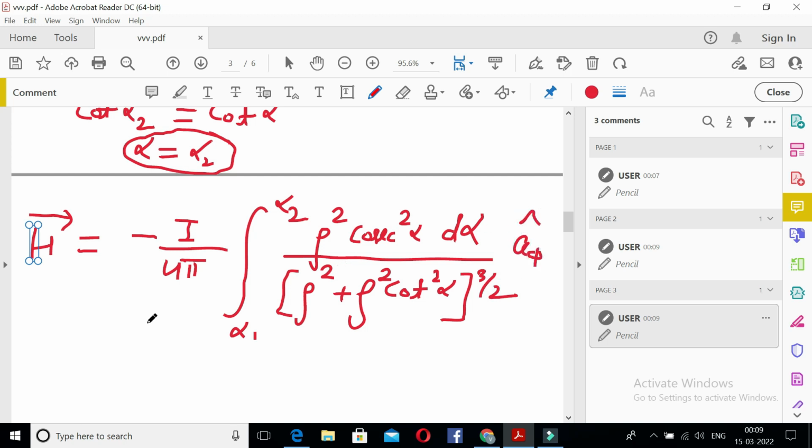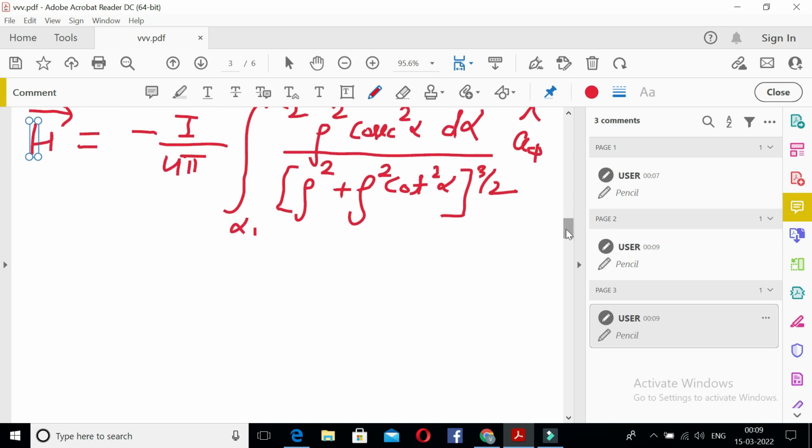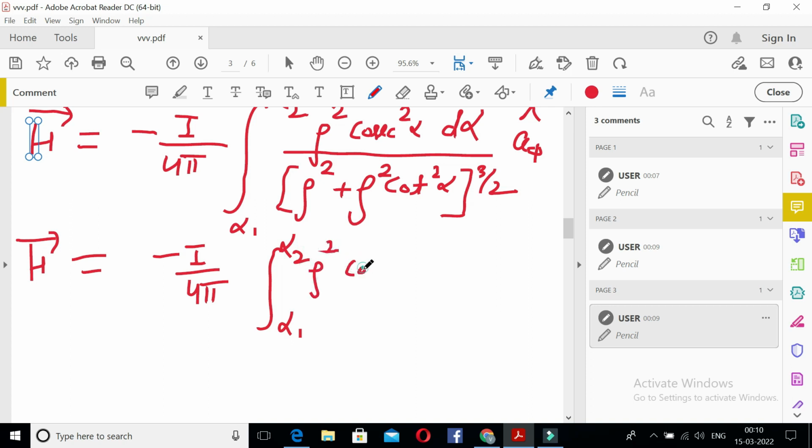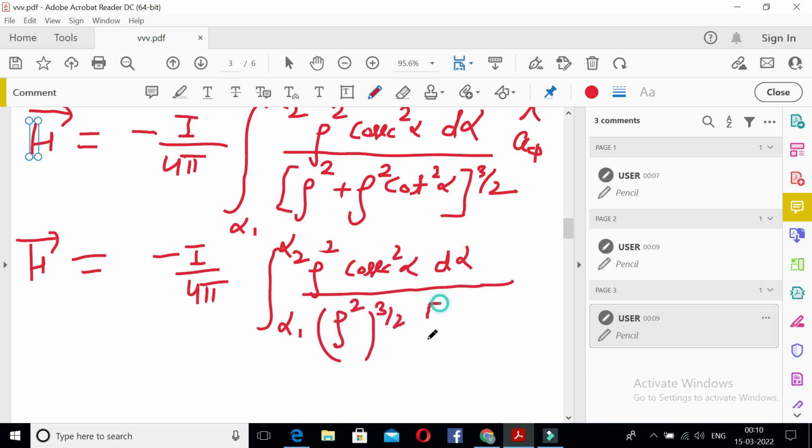Now it becomes H vector equal to minus I upon 4 pi, integral from alpha 1 to alpha 2 of rho square cosec square alpha d alpha upon rho square to the power 3 by 2 into 1 plus cot square alpha to the power 3 by 2 into a phi cap.